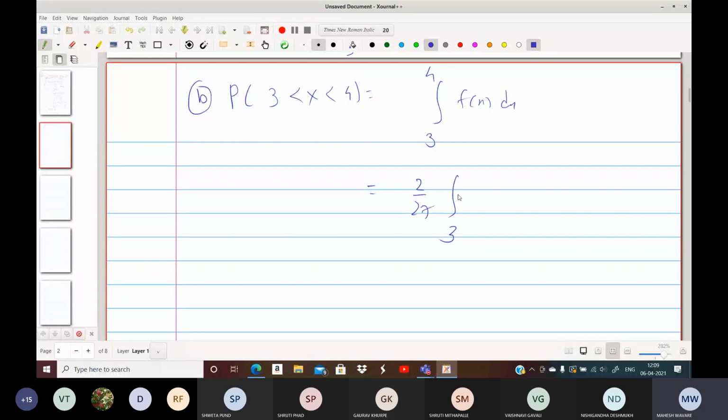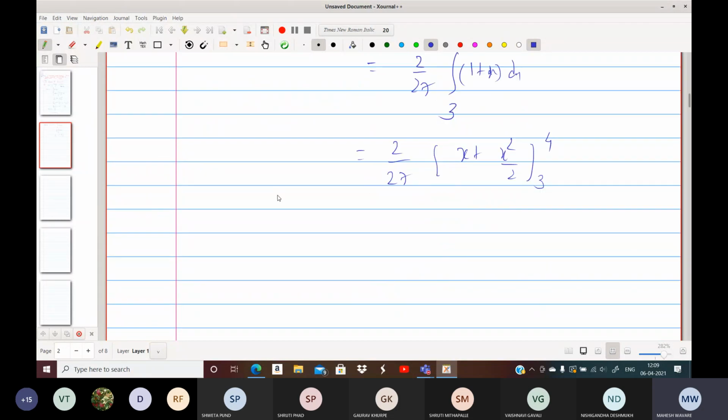You can integrate it and put in the limits. So after that, 2 by 27, 4 plus, okay, this has been calculated. It comes 12, not 8. 4 plus 16 by 2, upper limit, minus lower limit, 3 plus 3 square is 9, 9 by 2.